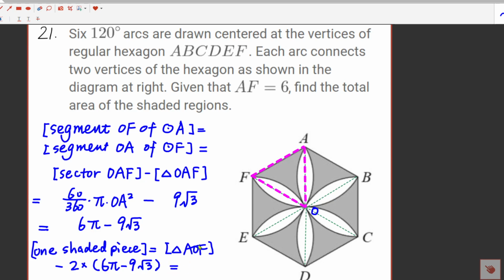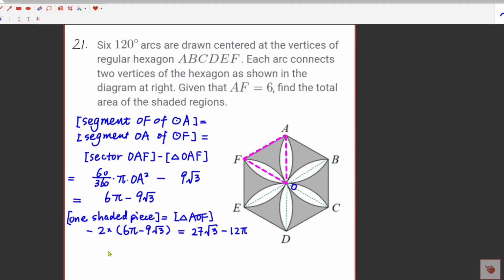And we know the area of triangle AOF is here. So eventually we have 27 square root 3 minus 12 pi. That's one of the shaded areas.